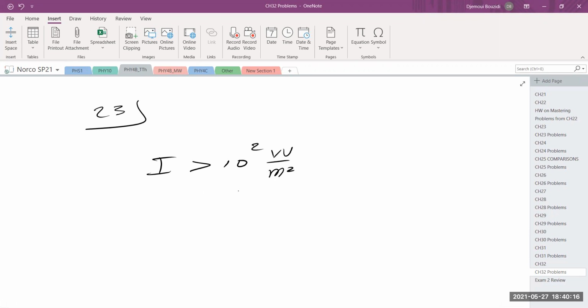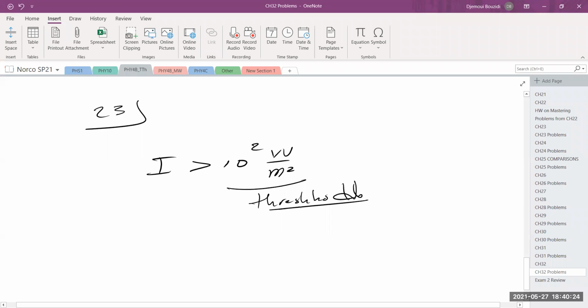So this value is a threshold for damage in the eye, okay?